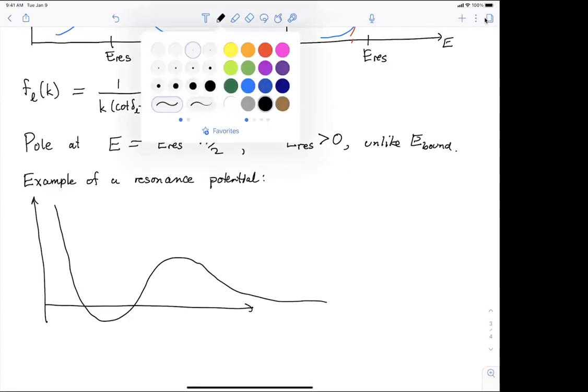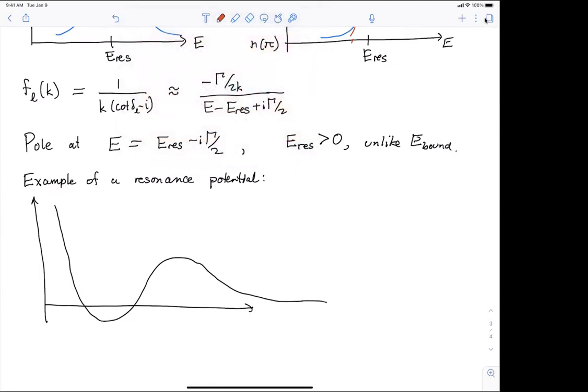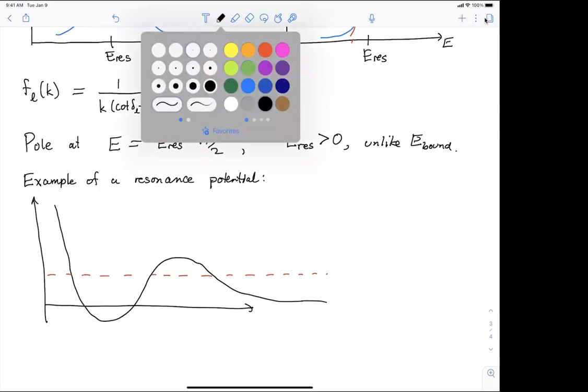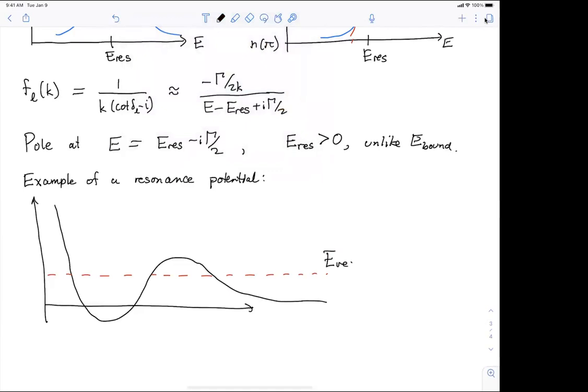And then the energy associated with the resonance is positive, so it's up here. So that's a positive energy. But it's not a true bound state because the energy is such that it's above the potential at large distances. And therefore, way out here, it's behaving like a scattering wave function, not a bound state. So that's why it's not a bound state.